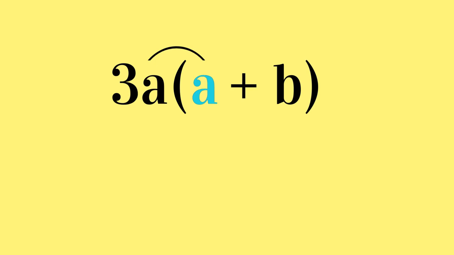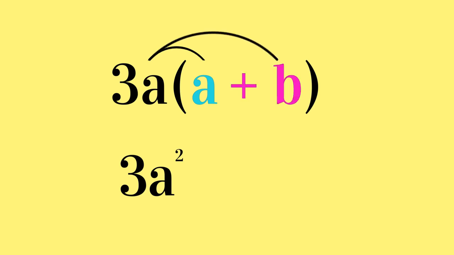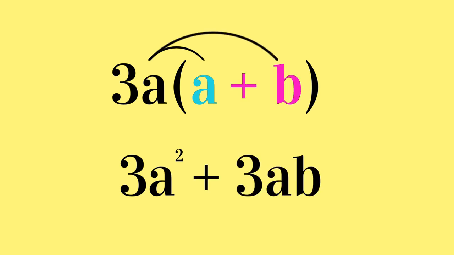And a multiplied by itself is a squared. And as one of the a's has been multiplied by 3, we get 3a squared. We then have 3a multiplied by b, which gives us 3ab. So the final expression is 3a² + 3ab.